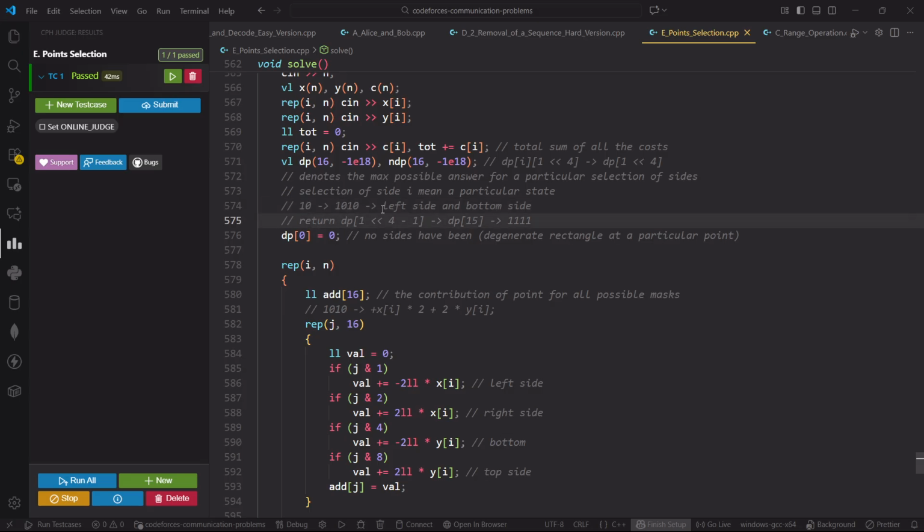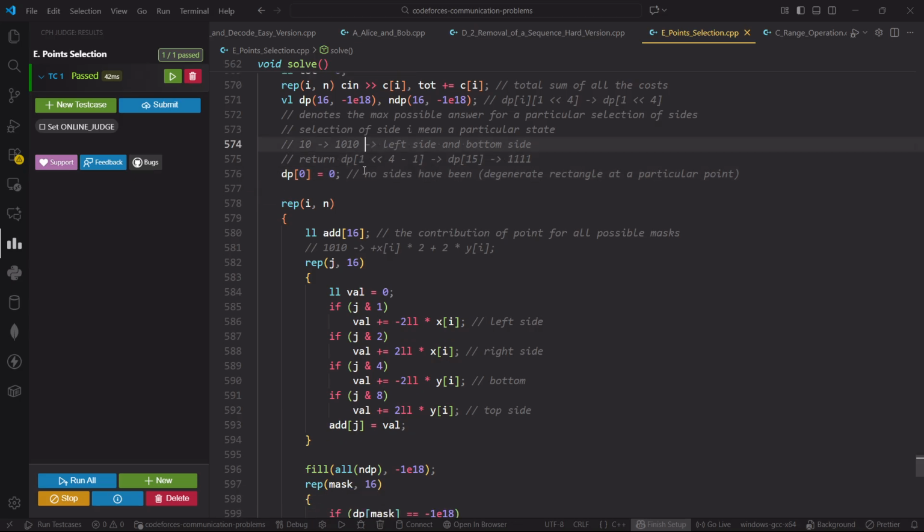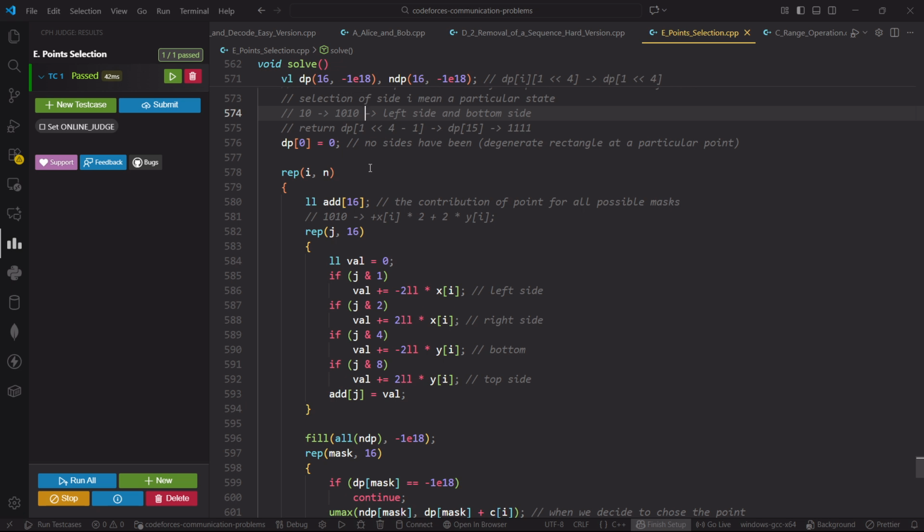And then in the end, we can just return dp of 15, which will be the answer. So dp of 0 is when we have selected no sides, so a degenerate rectangle at a particular point. This is what the problem states, and this is a good base state anyways, for almost every problem.